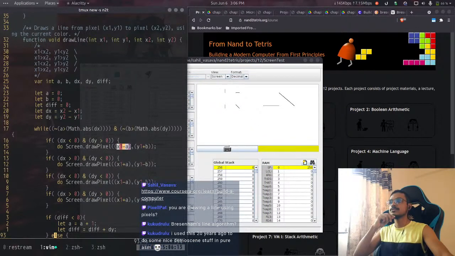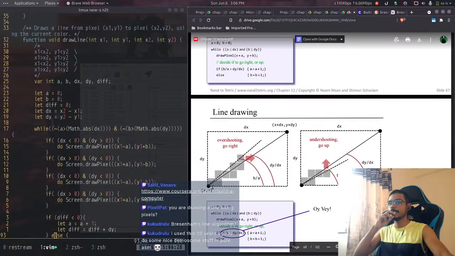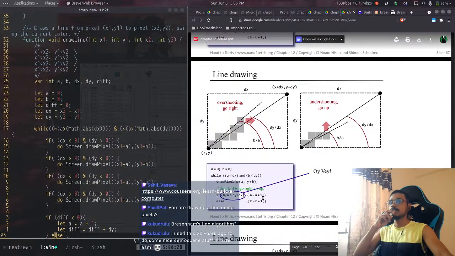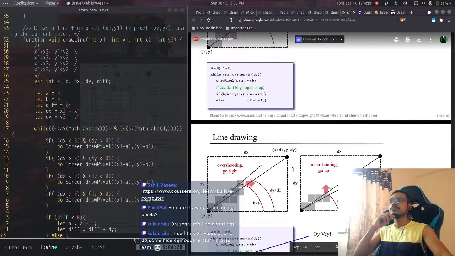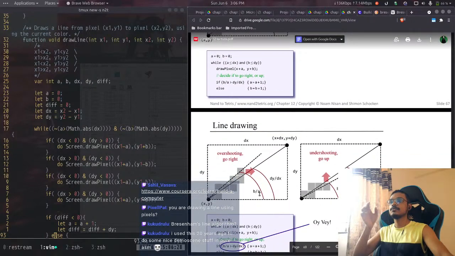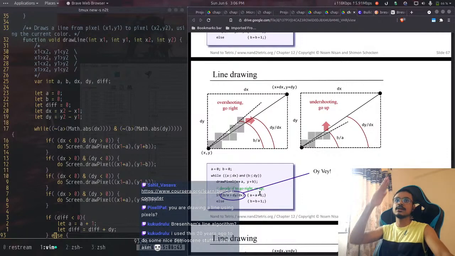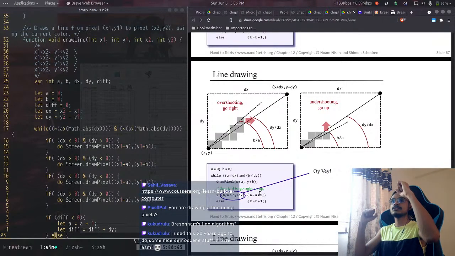I just have to pass a coordinate x and y. But to draw a line, I am supposed to use this algorithm. I'm just given the pseudocode, and they are saying that this algorithm will work for this kind of line where the x1 and y1 point is here and x2 and y2 point is here.